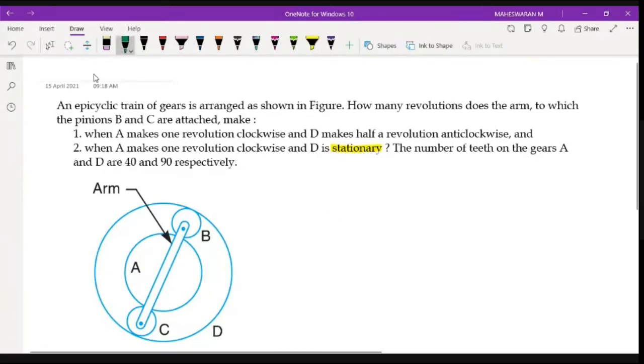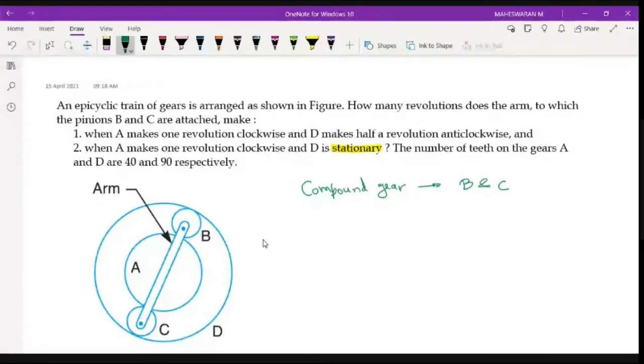Do you see any compound gears here? B and C. Yeah, very good. B and C are compound gears. Previously we discussed that the shaft is a fixed one, and in that shaft two gears are attached, which we call a compound gear. Whereas in this case, the shaft is fixed by means of an arm.